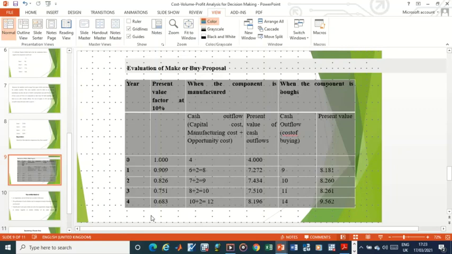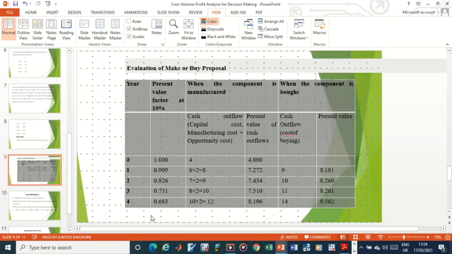The cost of manufacturing is higher compared to the cost of purchasing the same components. So it will therefore be beneficial, since Adefolaju will be saving 0.146 by purchasing the components from an outside supplier. It will be beneficial to buy the components from outside.